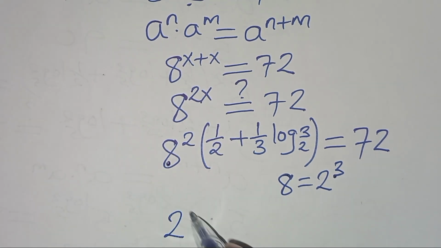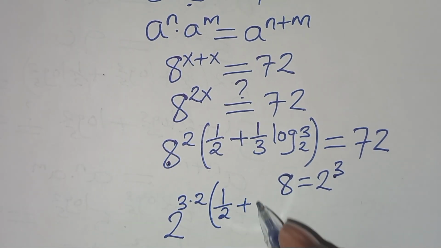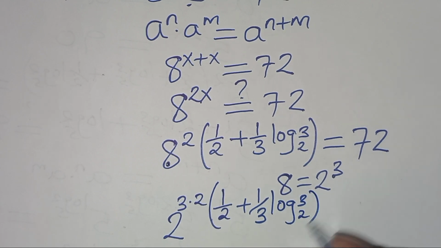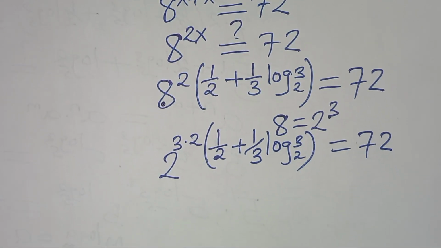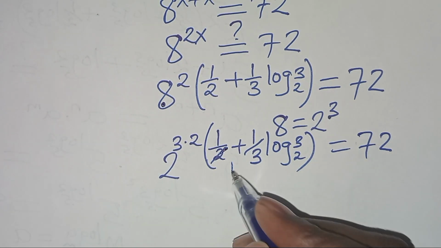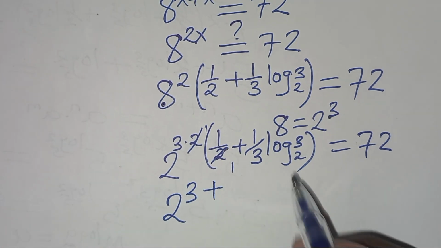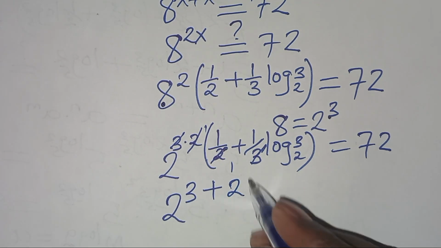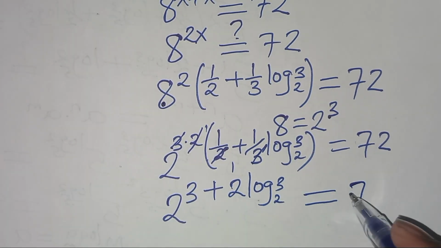We'll have 2 to the power 3 times this 2 here, into the parentheses, we'll have half plus 1 over 3 log 3 to base 2. Now this should give us a value of 72. Now let's simplify here by 2, 1, by 2, 1. So here we'll have 2 to the power 3 plus, now here 3 and 3 simplifies. So here we'll have 2 log 3 to base 2. This should give us a value of 72.